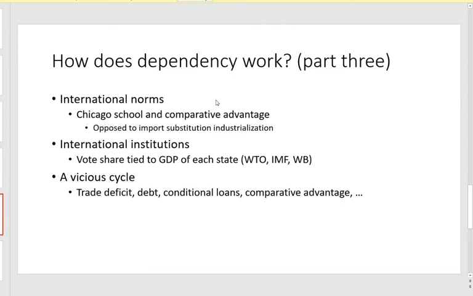And as a state, you hit a point where it says, I can't pay this debt and pay my fiscal requirements. I can't pay for my services. I need to restructure. And the institutions that exist force conditions, and one of those conditions that is most damaging is comparative advantage. What happens is you cut tariffs and you open trade.